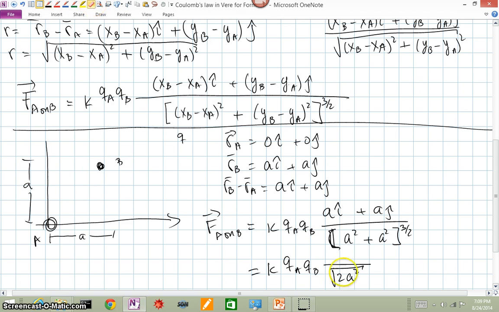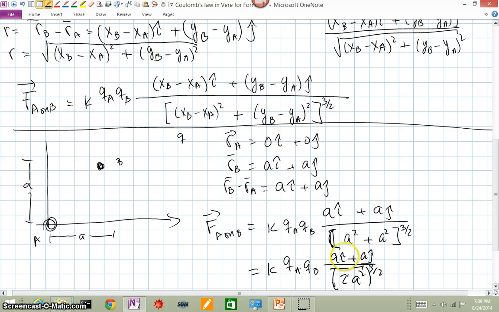Let's just delete this here. All right, so then this is 2a squared to the 3/2, and then I get ai plus aj.